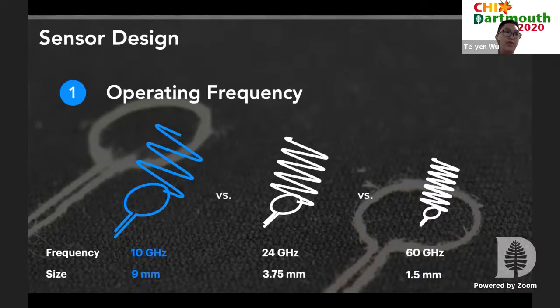For example, if the operating frequency is 10 GHz, the diameter of a loop antenna is around 9 mm. But if the frequency is 60 GHz, the diameter is only 1.5 mm, which makes it very hard to fabricate. So to strike a balance, we chose 10 GHz as our sensor operating frequency.